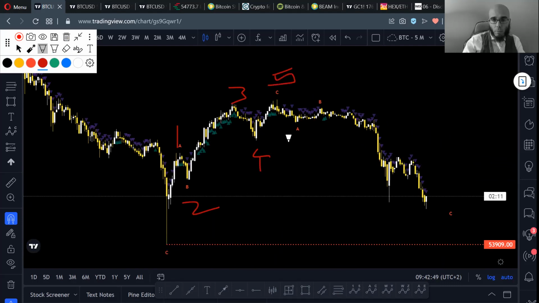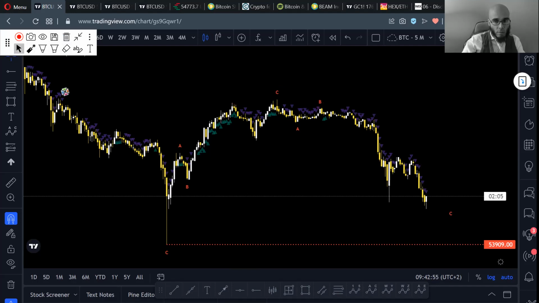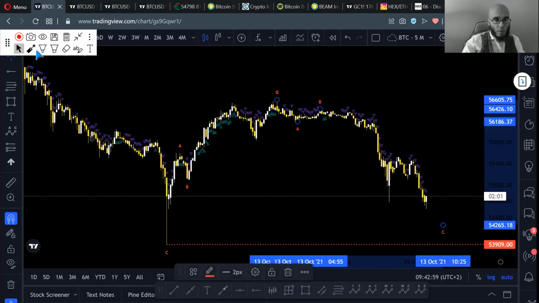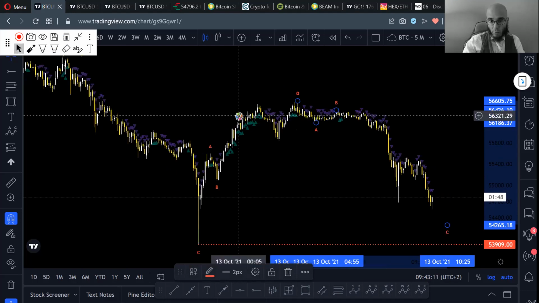And then I would keep the A, B, C count for the correction of the first wave. So we would have a wave 1, which ended here, and we would be in the process of doing wave 2. That would be the alternate bullish count.